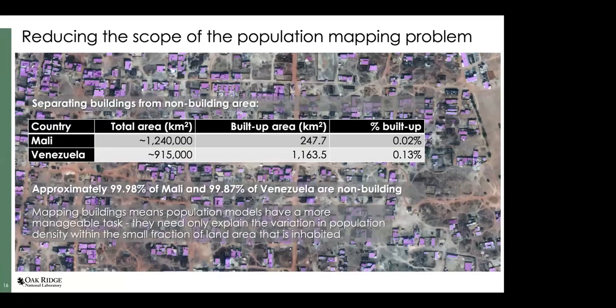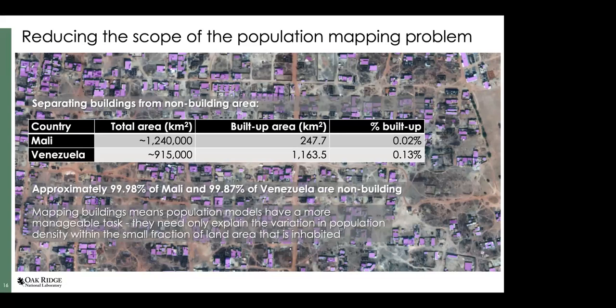So why is this a challenge? Why do you need large machines and a lot of data and a lot of effort? 2% of the world's land surface is occupied by buildings. Here's a couple of examples, Mali and Venezuela.